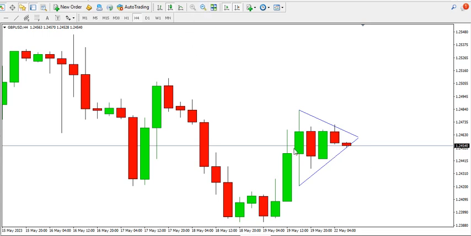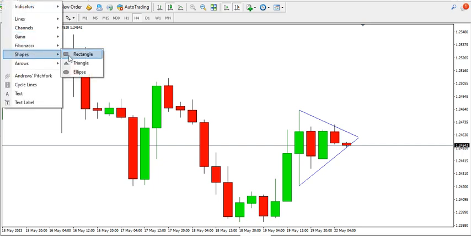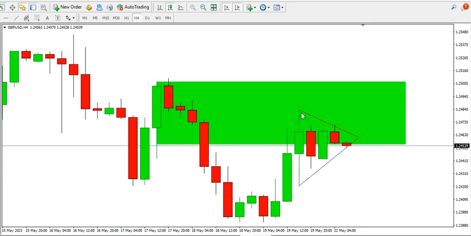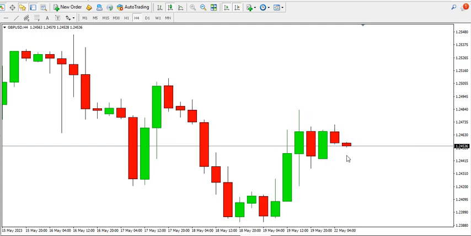But looking at these candlesticks, we have this up move, and this up move was resisted by this other block. I see price going into the other block, and then price might want to go down before coming back to the other block. So you might want to look for possible bearish or short opportunities.